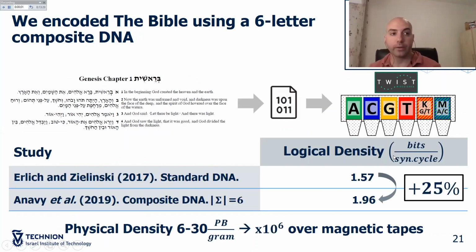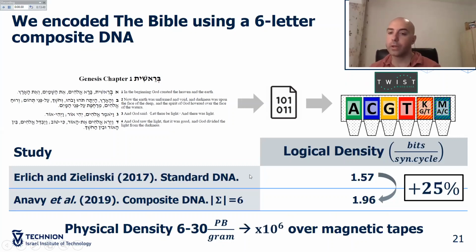So just to show you our result, we did a large-scale experiment in which we took a 6.5 megabyte file containing the bilingual version of the Bible. We encoded it into composite DNA of a six-letter alphabet. We used Twist Bioscience synthesis to synthesize over 1 million oligos of the composite DNA.